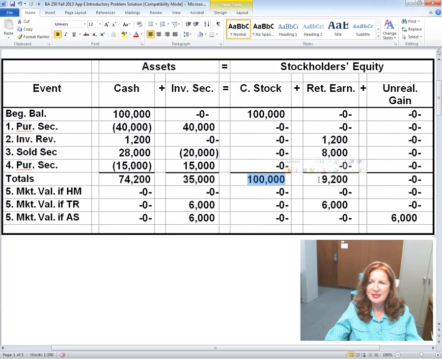For the retained earnings, we're going to have either 9,200 or 15,200, depending upon which of these. If it's the treasury, we'll expect it to be 15,000. If it's the available for sale, we'll expect it to have 92 in retained earnings and 6 in this unrealized gain.